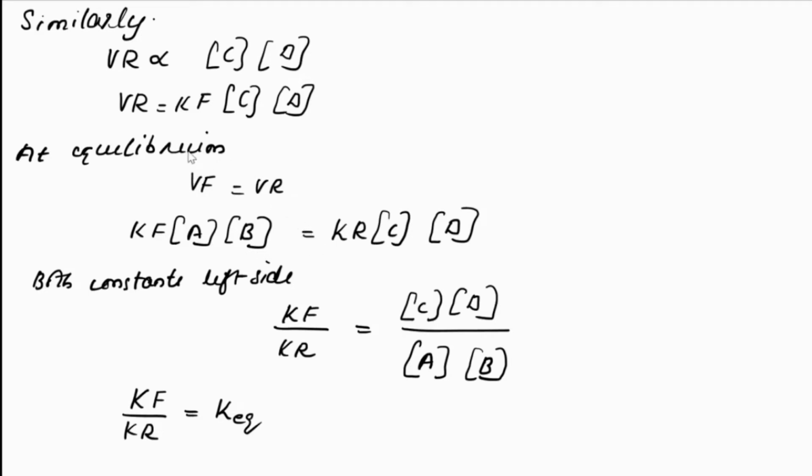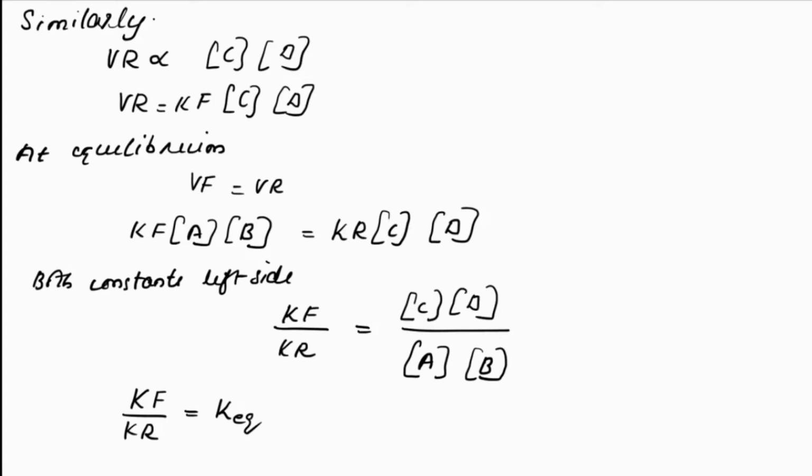We can substitute the value here, that is Kr. Mistakenly I wrote F here; it is Kr, times the product of the concentrations of the products, C and D. Then we get this equation.